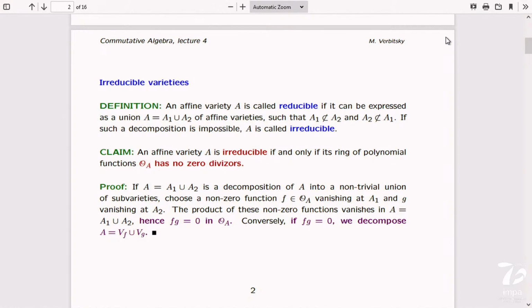This is a zero divisor. So proof. Okay, this is an if and only if condition.